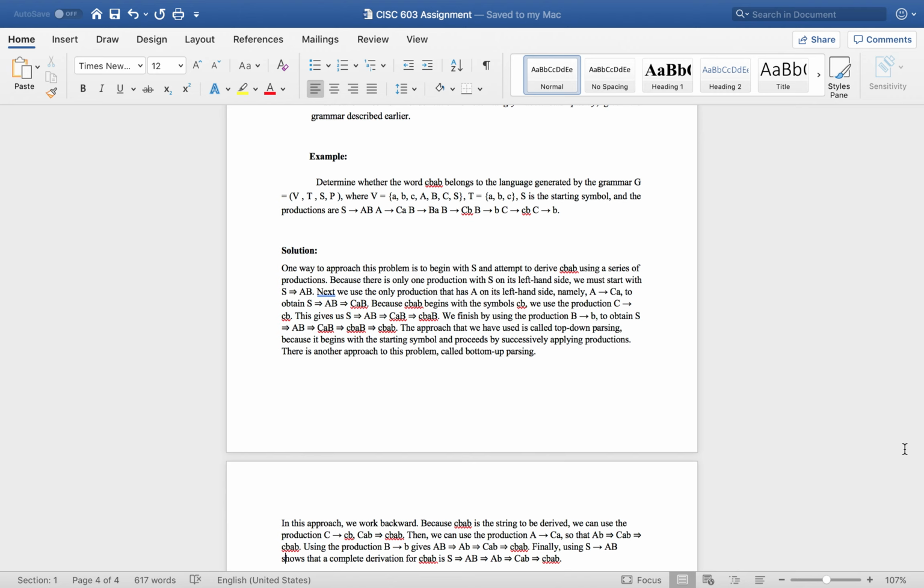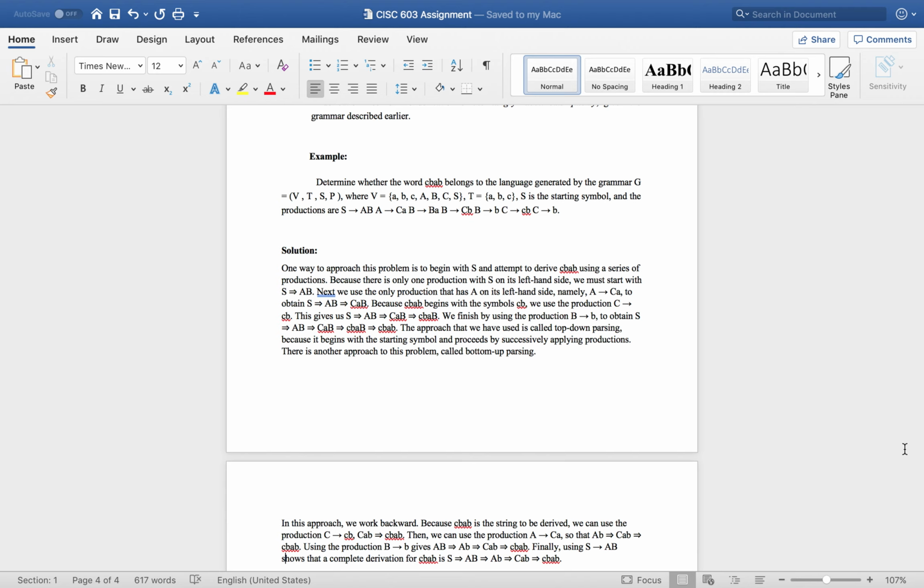S is the starting point, and we attempt to derive cbab using a series of productions. Because there is only one production with S on its left-hand side, we must start with S produces AB. Next, we use the only production with A on the left-hand side, namely A produces CA. To obtain S, AB becomes CAB. Because cbab begins with the symbol c, we use the production C produces cb.